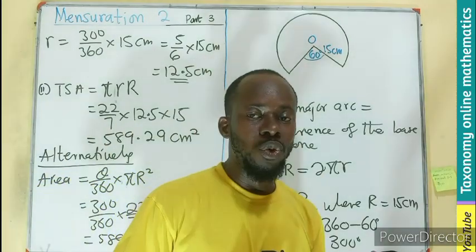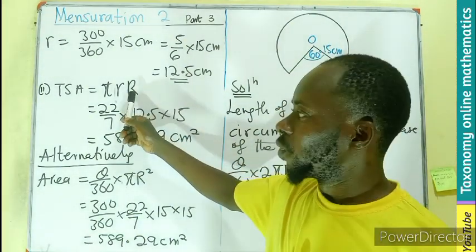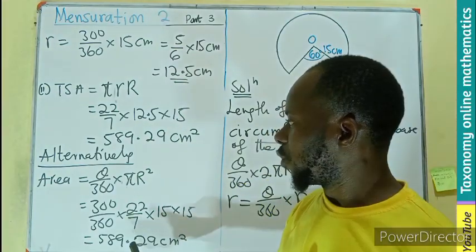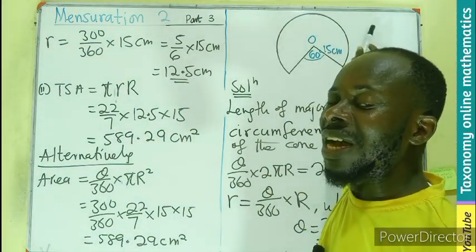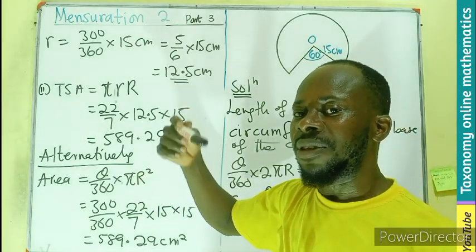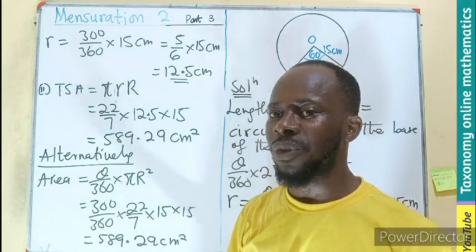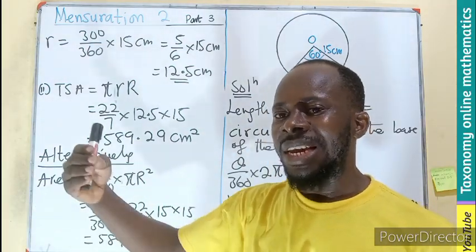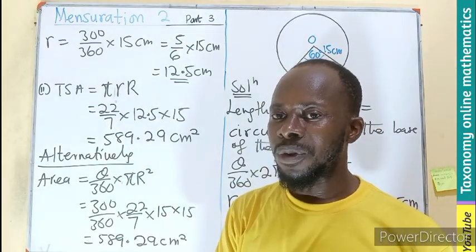So you can either use the curved surface area formula, which is the total surface area of that hollow cone, or you can use the fact that the area of the whole sector becomes the total surface area of the cone. I believe in these two scenarios, you can find the radius of a cone, find the total surface area, and even go ahead and find the volume of the cone.